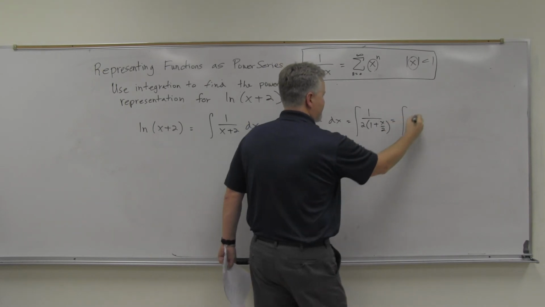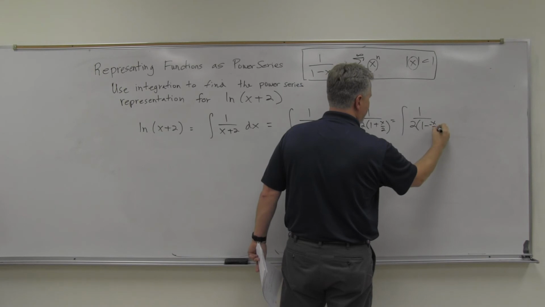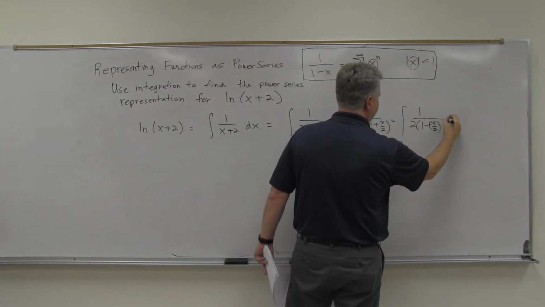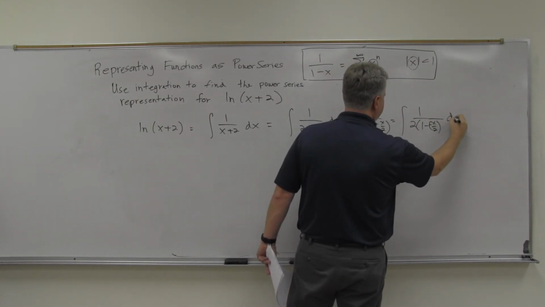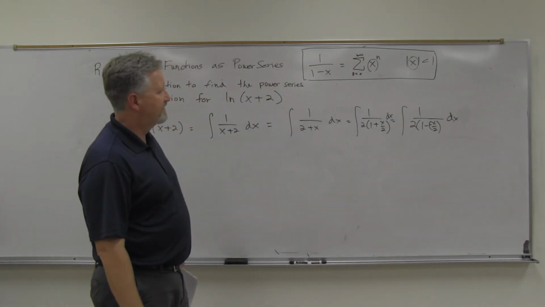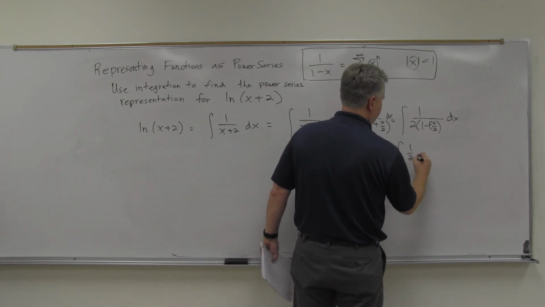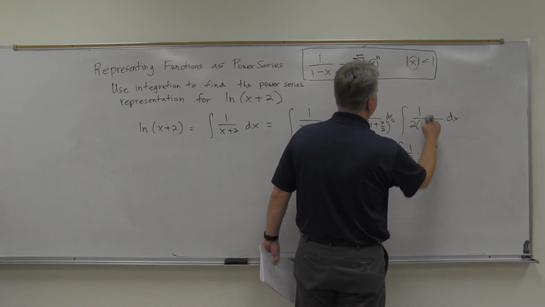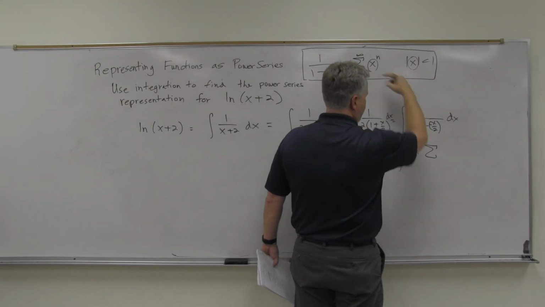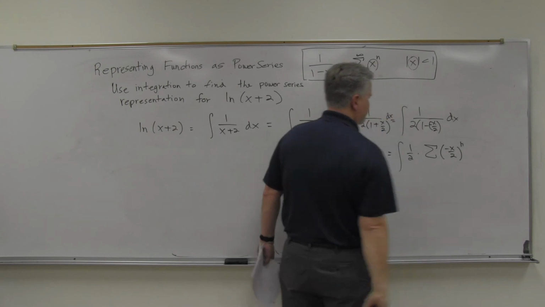And then that needs to be 1 minus, so make it a minus minus x over 2. Right? So the integral then is 1/2 times this power series, negative x over 2 to the n.